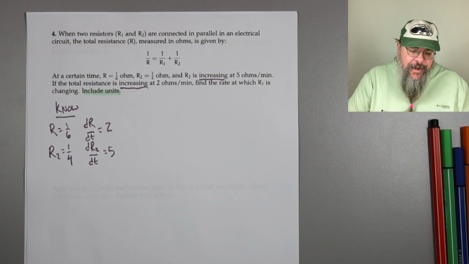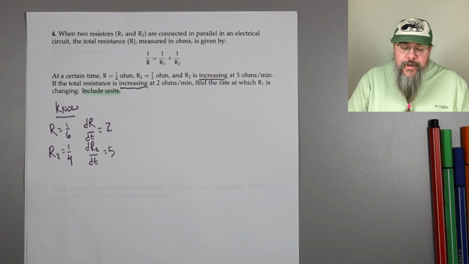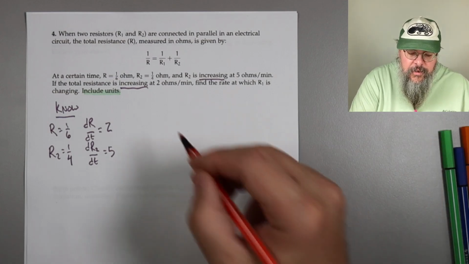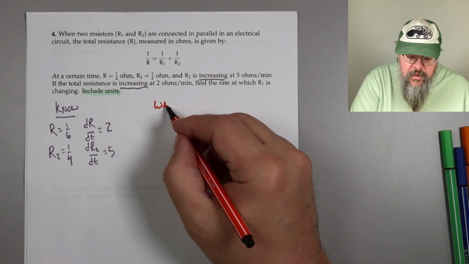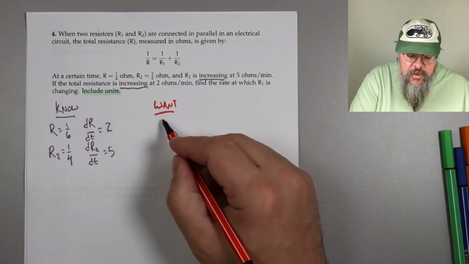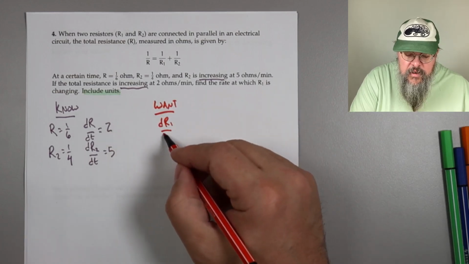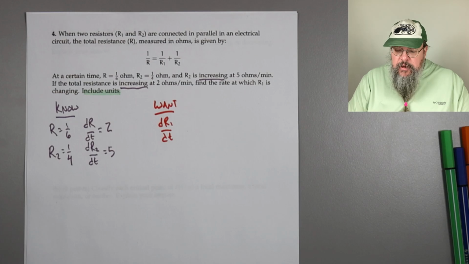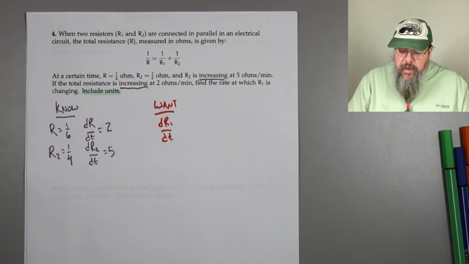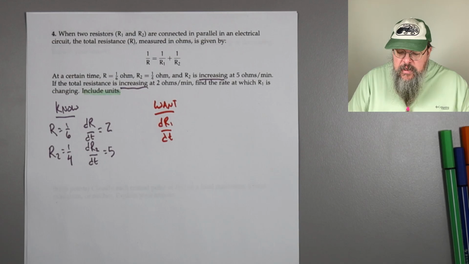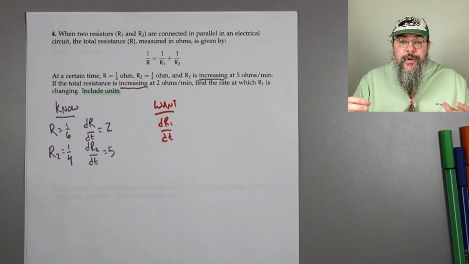I love that. All right, well, what do we want? We want to figure out the rate at which R1 is changing, dR1/dt. Okay, so with that in mind, we're about ready to begin. And we look at this and say, well, take derivatives, right?